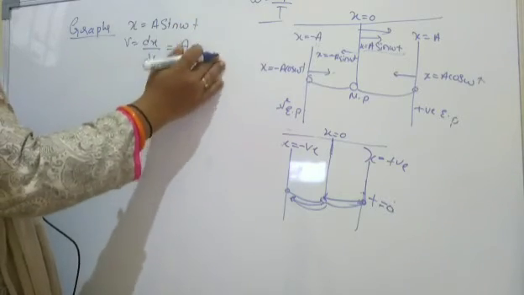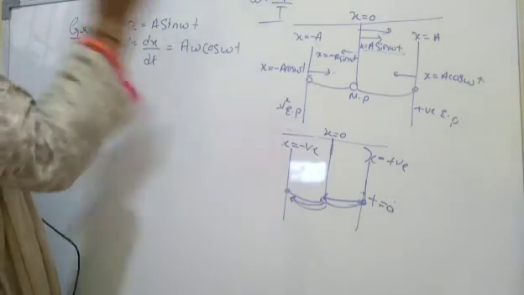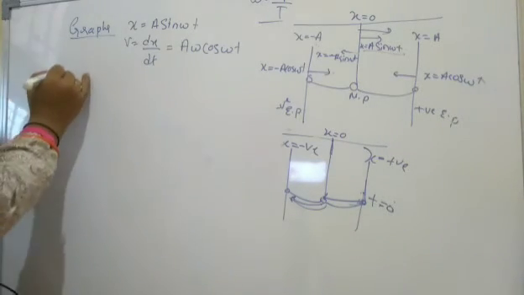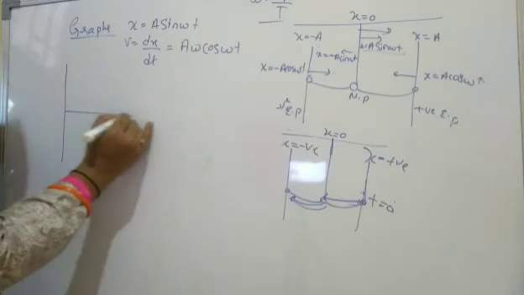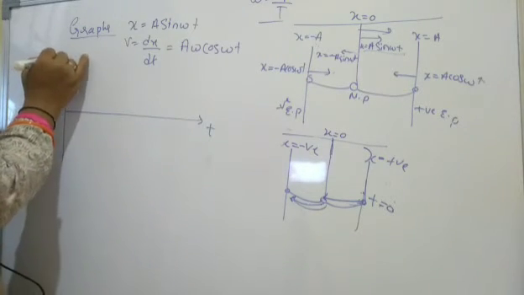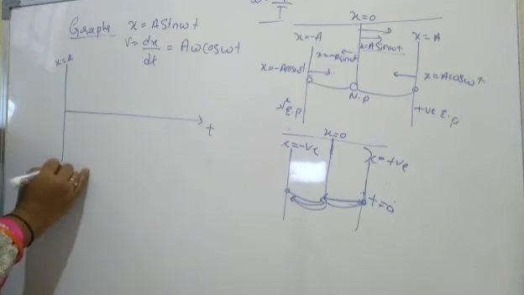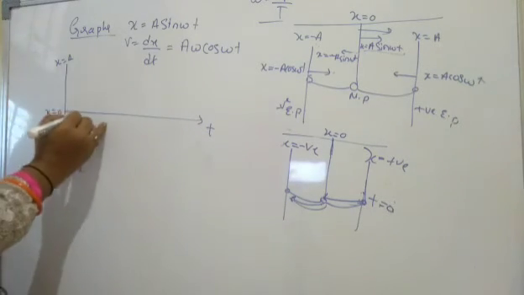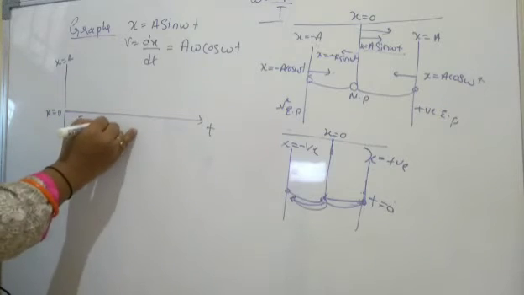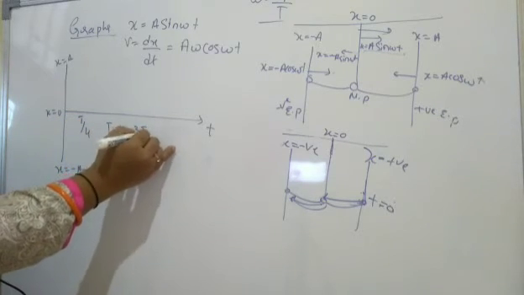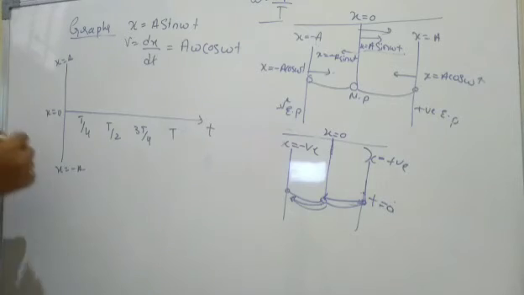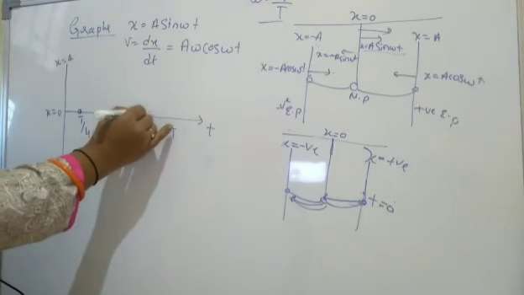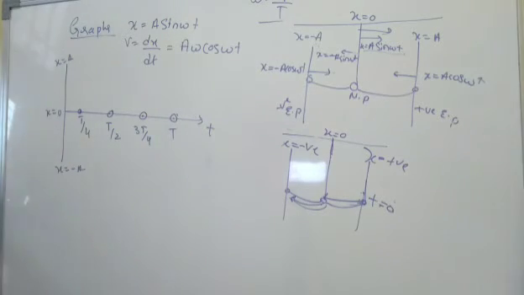Now a omega cos omega t it is, right? So next, what will be the graphical form? If you go ahead with t here, x is equal to a, x is equal to minus a, x is equal to 0 here. Now we have the time period t by 4, t by 2, 3t by 4 and t here, right? So what is the position? Let us go ahead with the velocity here, right?